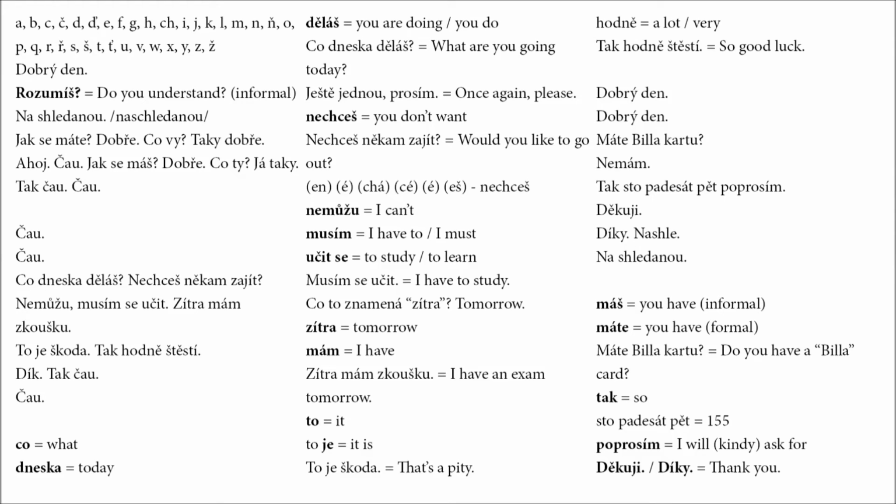So hodně, try asking me what does it mean. Co to znamená? Hodně znamená a lot. And co to znamená štěstí? Štěstí znamená luck. Oh, okay, so now you're wishing, saying I wish you a lot of luck. So it's a pity, a lot of luck.